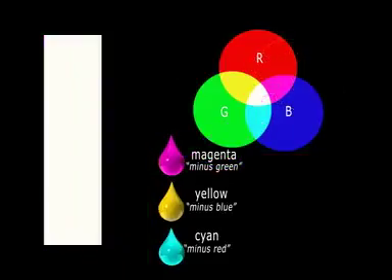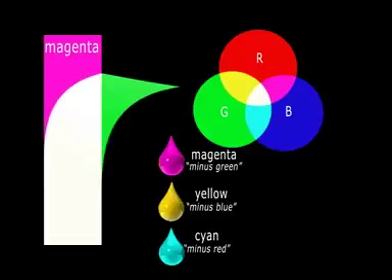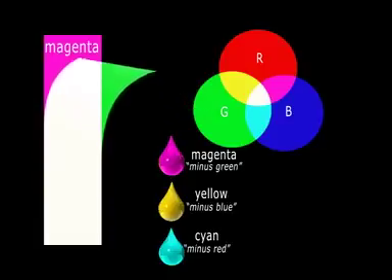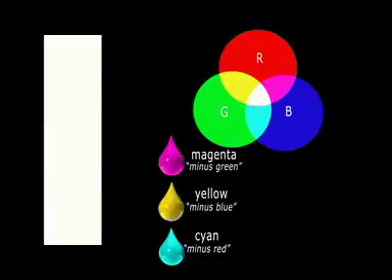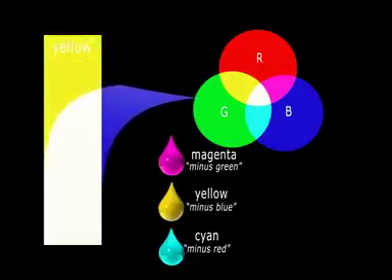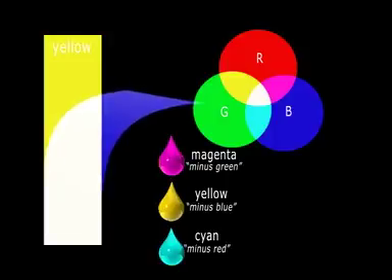So if magenta is a pigment that minuses out only one color of light and reflects the other two, it must be a primary pigment because it absorbs or minuses only one primary color. And if yellow is a pigment that also only removes one primary color, then it too must be a primary pigment color.